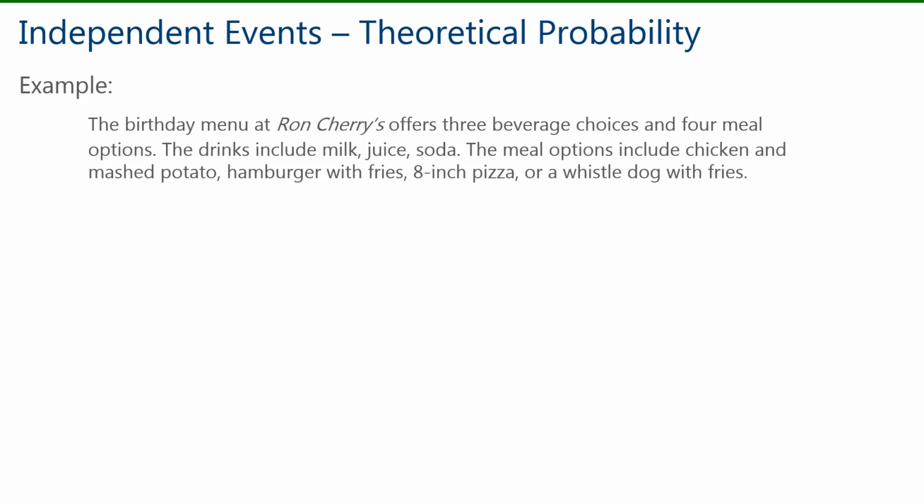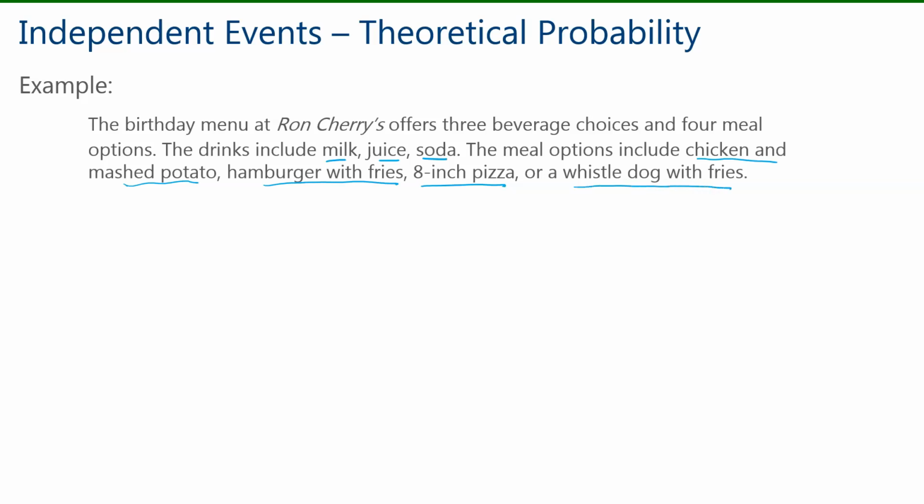And our last example. The birthday menu at Ron Cherry's offers 3 beverage choices and 4 meal options. The drinks include milk, juice, and soda. The meal options include chicken and mashed potato, hamburger with fries, an 8-inch pizza, or a whistle dog with fries.